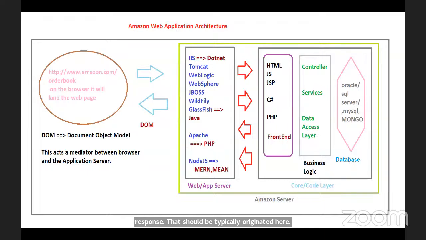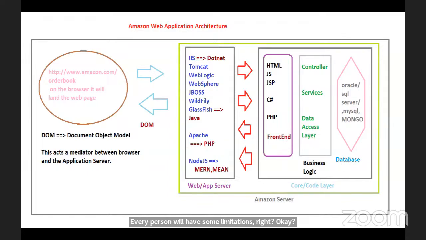So by default, server cannot take that much load. Every server will have some limitations, guys. For example, every person will have some limitations, right? What is the limitation here?